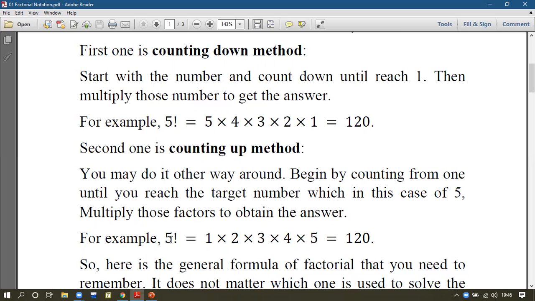For example, factorial 5 equals 1 into 2 into 3 into 4 into 5, which is also equal to 120, because multiplying from left to right or from right to left gives the same result.